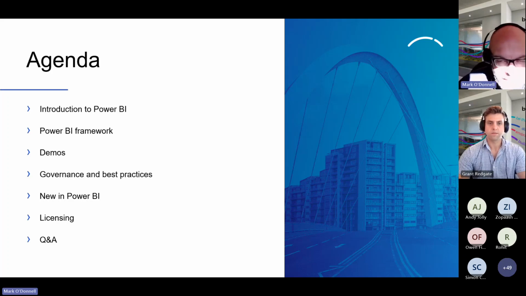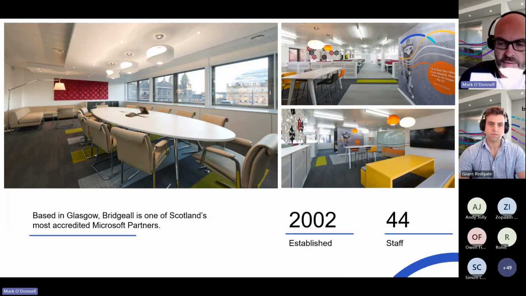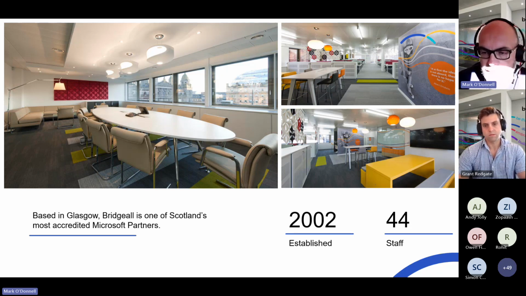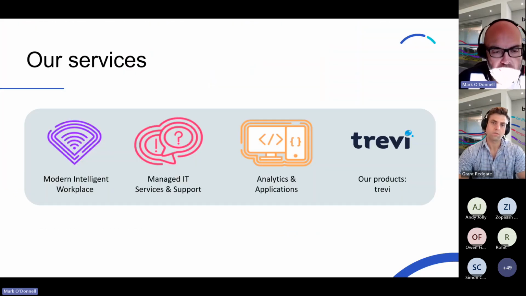Okay, before we start, just a little bit of background about Bridgel and who we are and what we actually do. We're a software firm based in Glasgow. We have 44 staff at the moment, but that's growing all the time. We were established in 2002 and have just celebrated our 20th year birthday with a very nice away day earlier this year. What we do is we advise, implement and support technology solutions to help improve businesses.